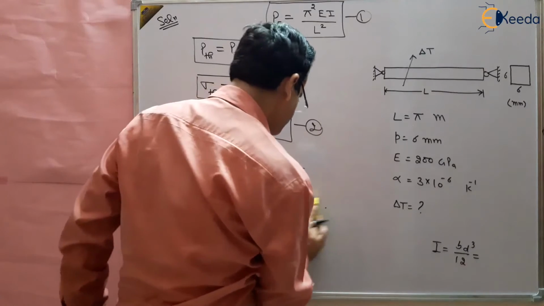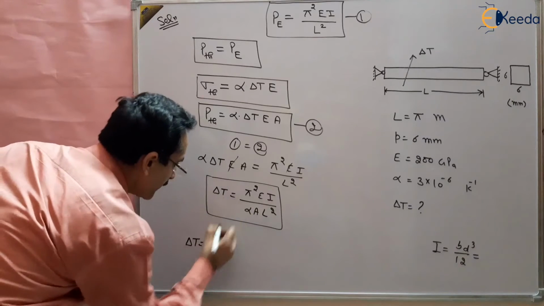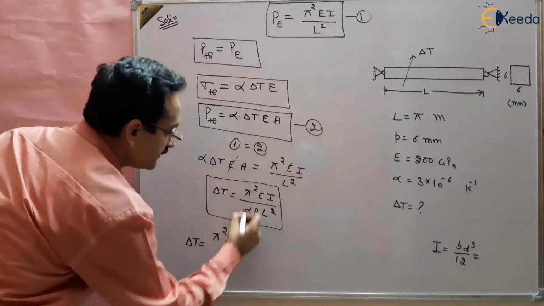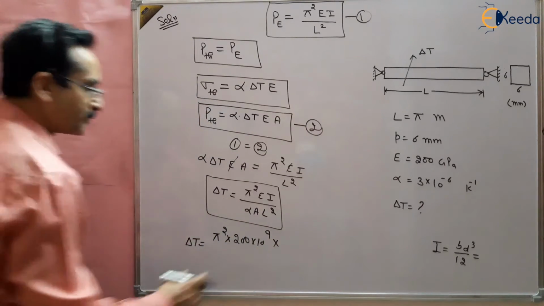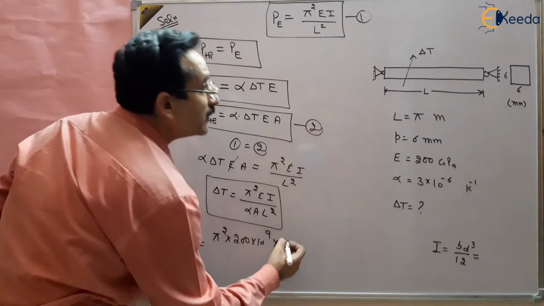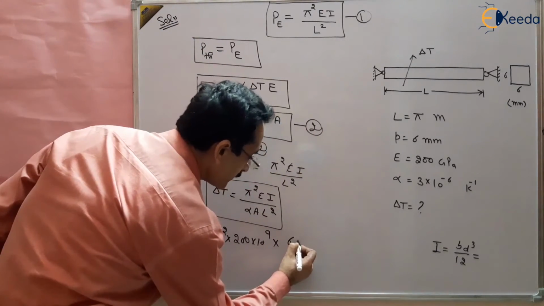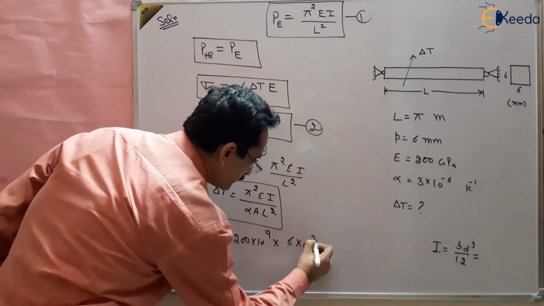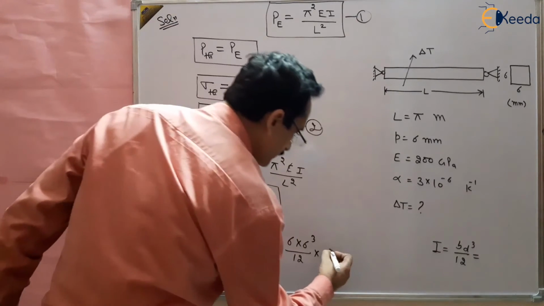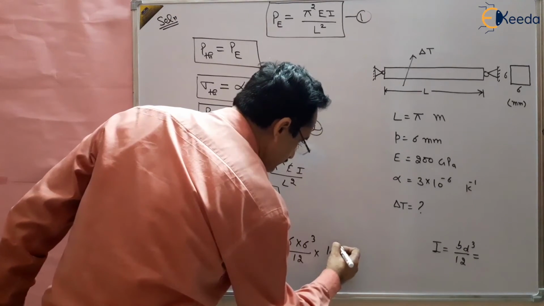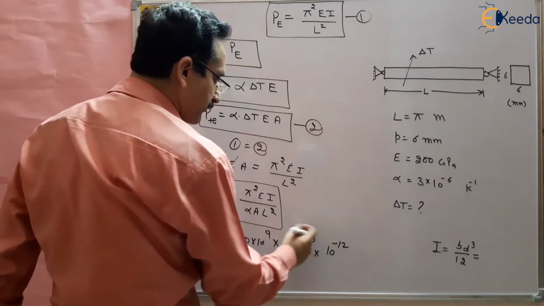So here we can write that delta T will be equal to pi square, E is 200 gigapascal converted to Newton per meter square, Pascal. I is B D cube by 12. So B D cube will be 6 into 6 cube by 12 multiplied by, this is millimeter to the power 4. So we have to convert it into meter. So it will come out to be 10 power minus 12, right? Because it is power 4.